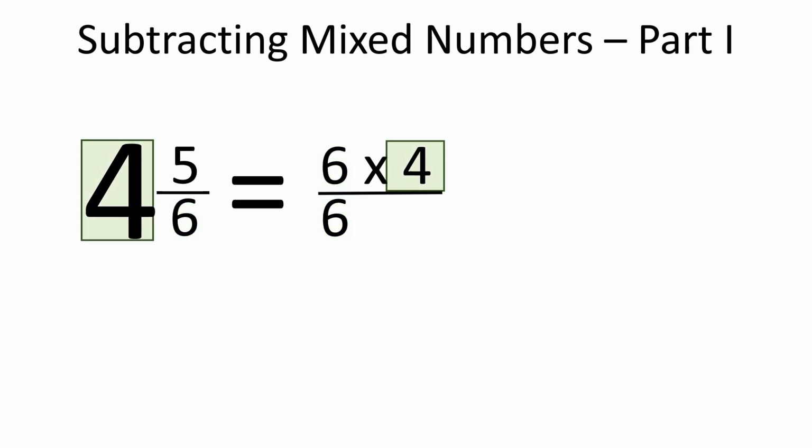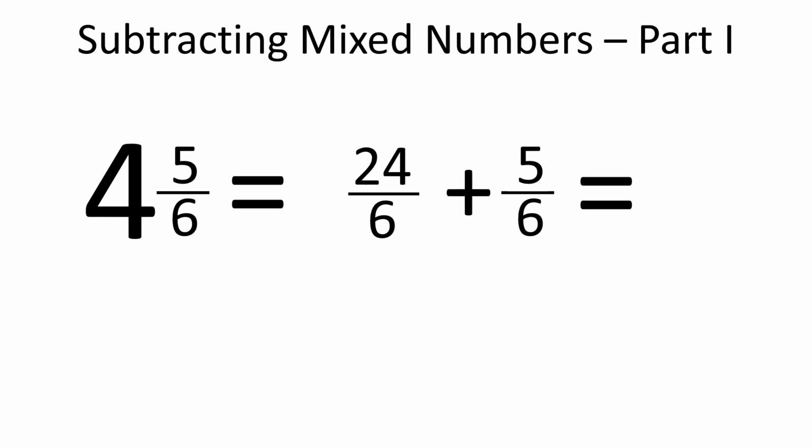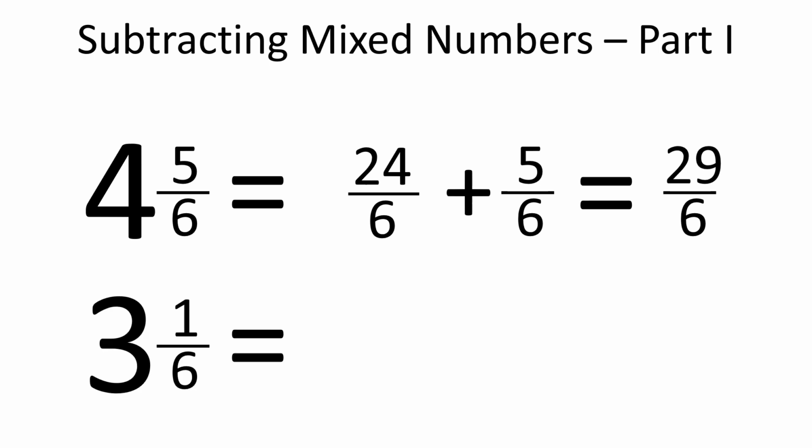As we have 4 wholes, we have to multiply the numerator by 4. And then we have to add to that 5/6. 6 times 4 is 24, so we have 24/6, and we add to that 5/6, and that is equal to 29/6.